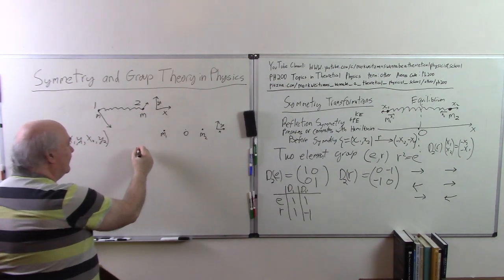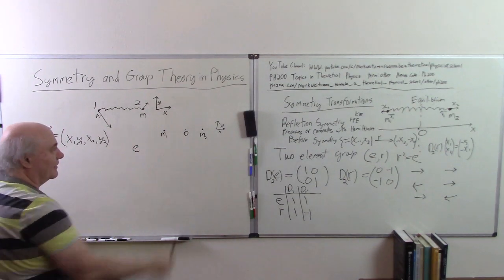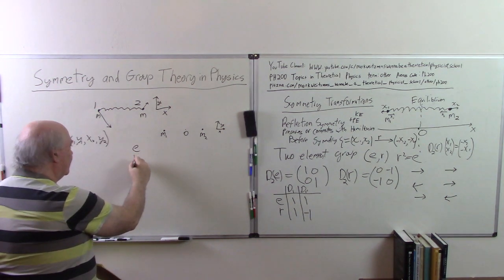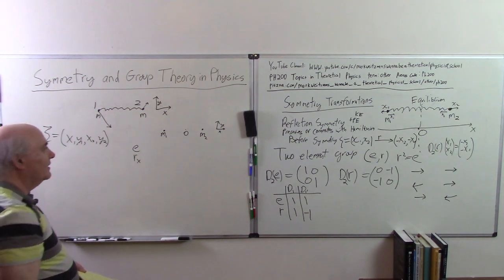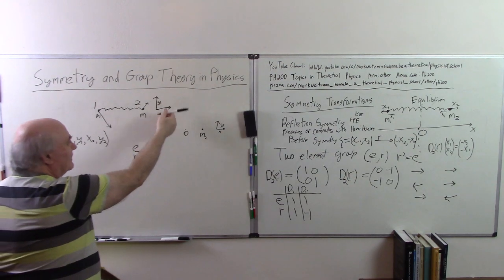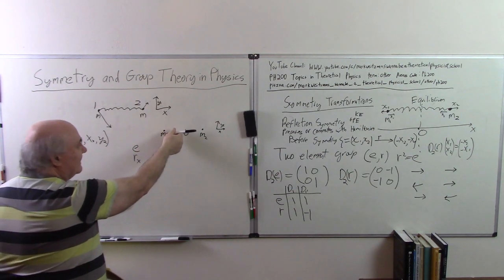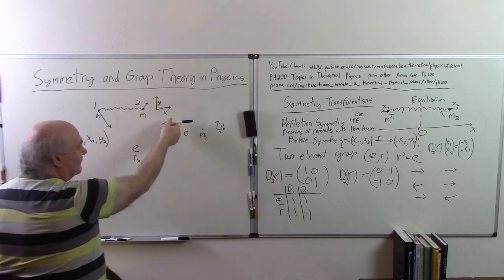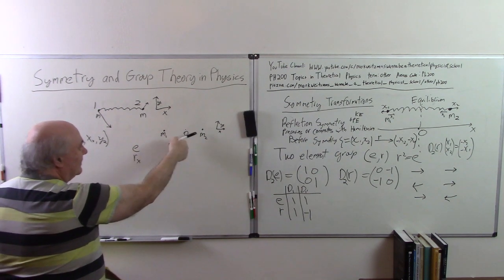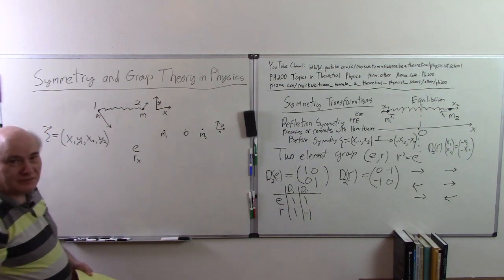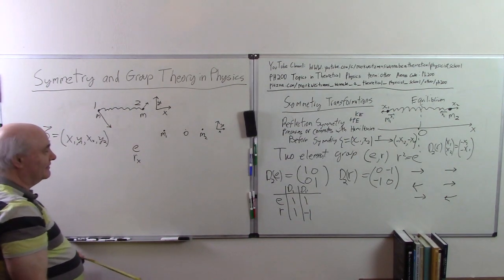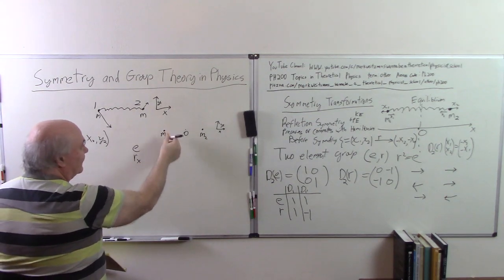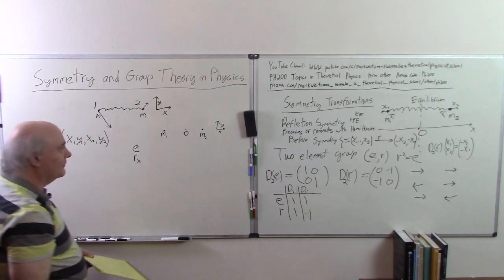The first one we'll say is E. We do nothing, leave it alone. The second one we'll call Rx. This is just a reflection about the x-axis, and you can see that it sort of does nothing on this thing, because when we reflect, nothing happens to these 2 masses. They don't even change positions about the x-axis. But we'll find that the coordinates actually do change. The y-coordinates change, the x-coordinates don't.